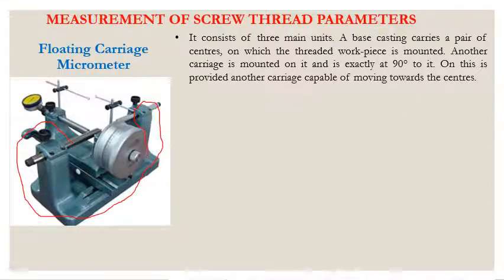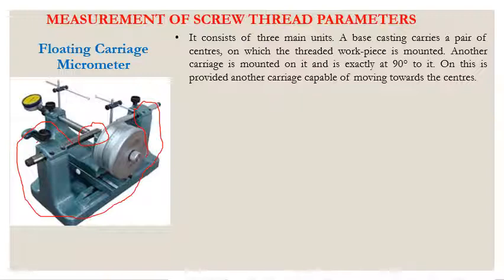This base has a housing for a pair of centers, on which a threaded workpiece can be mounted in between the two centers. The threaded workpiece for which the measurements need to be taken can be fitted between the two centers.